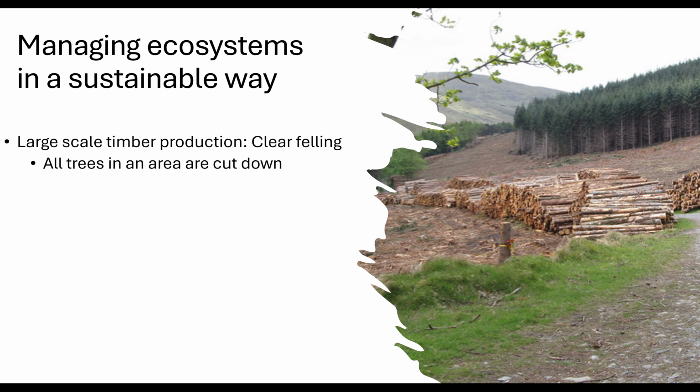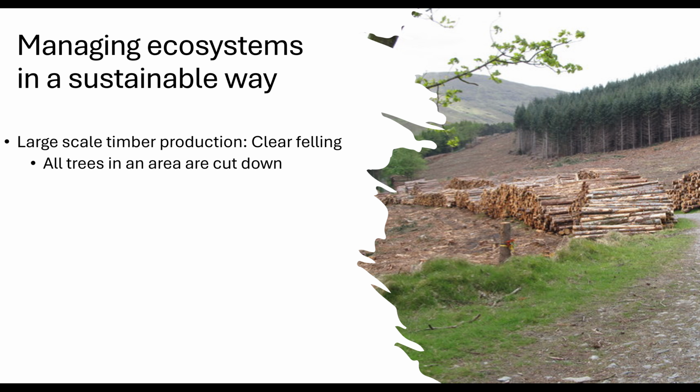Now, obviously, we also need to think about large-scale timber production. So coppicing is that small-scale timber production, but we do also need to do large-scale timber production, and we do that through a process called clear felling. Now, this is where all the trees in an area are cut down.